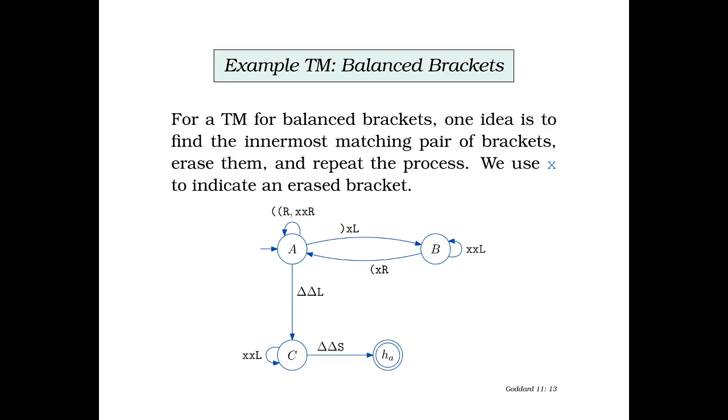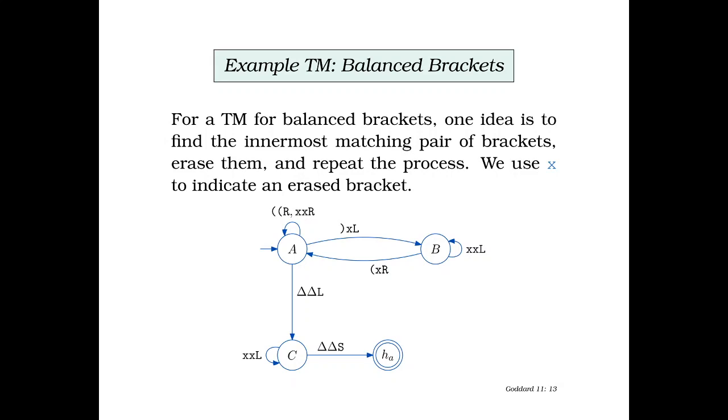So for this process, we have to use a special symbol to indicate an erase bracket. In this case, the example given here is of x. So whenever we want to erase a bracket, we write down x. If you see here, it looks a little bit weird, but it's still a Turing machine and it's written in the same notation.